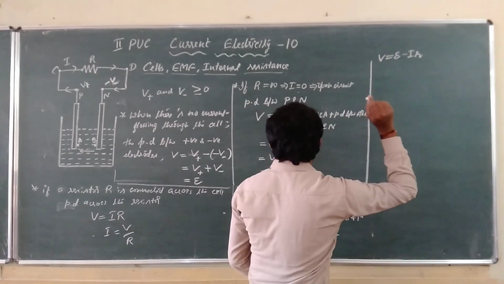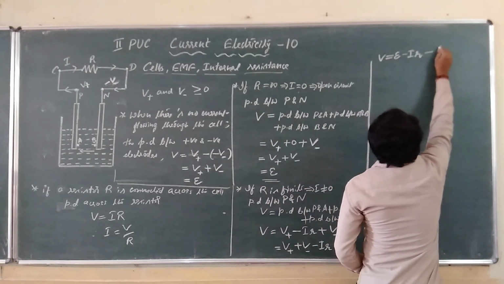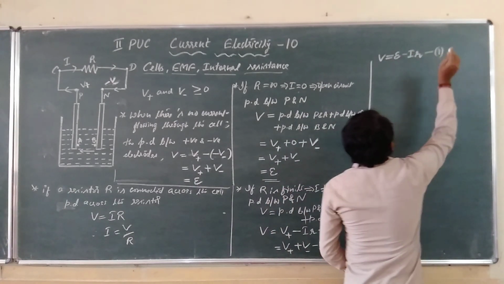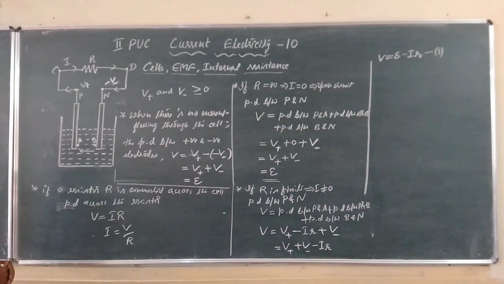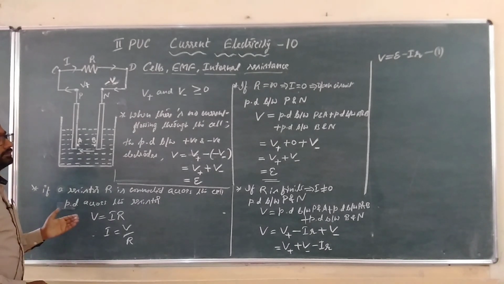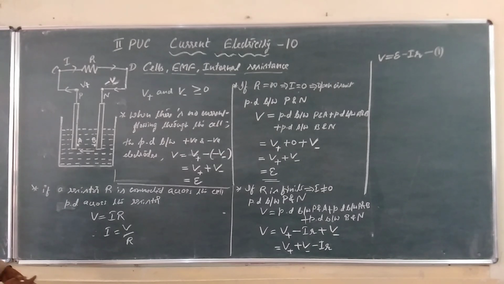Okay, so minus IR, let it be equation 1. So this is called the terminal potential difference. The terminal potential difference of the cell is the potential difference between the positive electrode and negative electrode of the cell in a closed circuit, meaning when current flows through the cell, there is a current flowing through the cell.